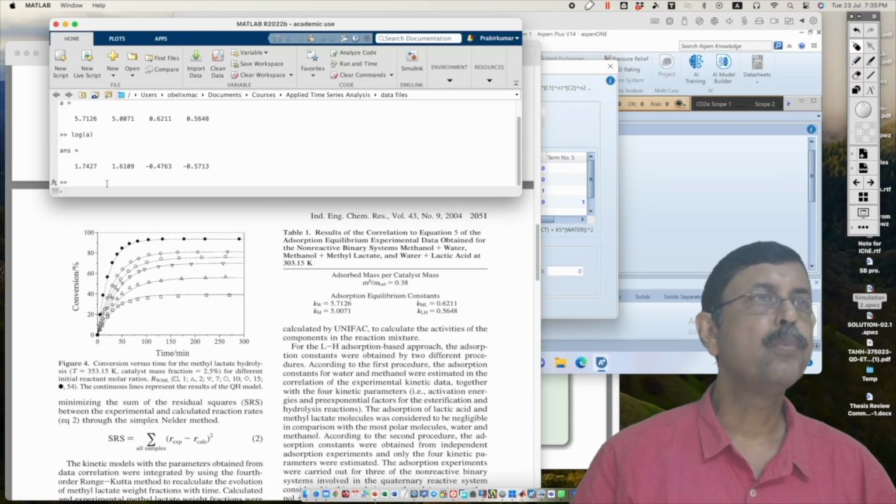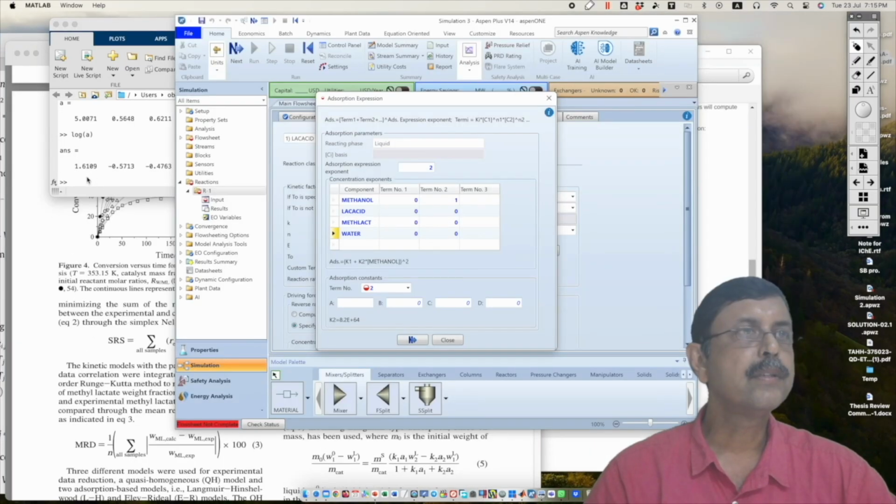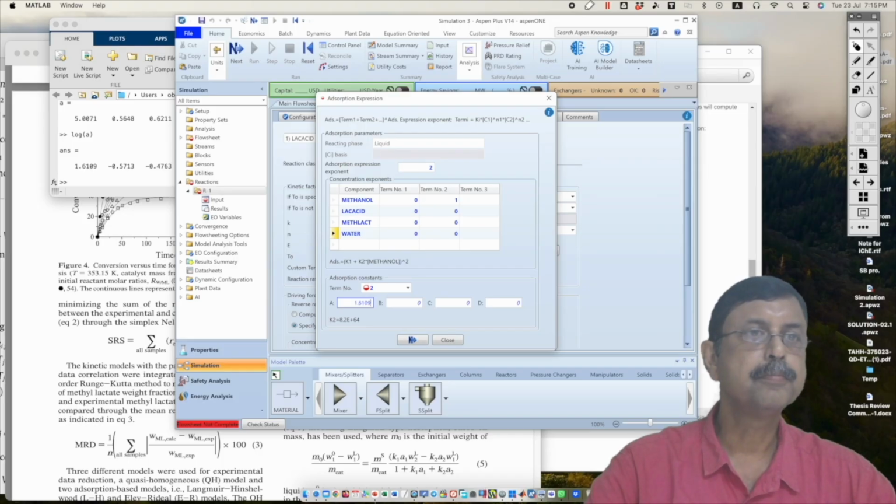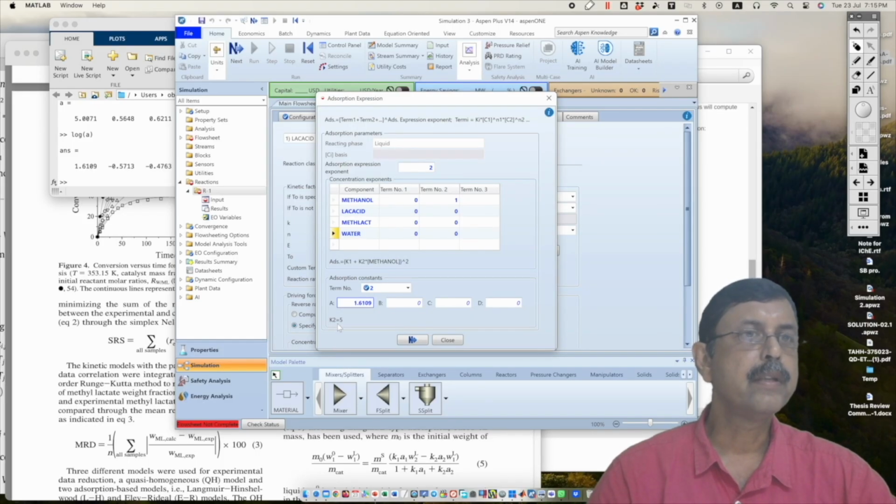So we have to put these values. So this is 1.6109. So it is 5.0071.